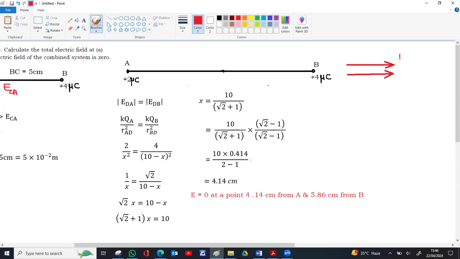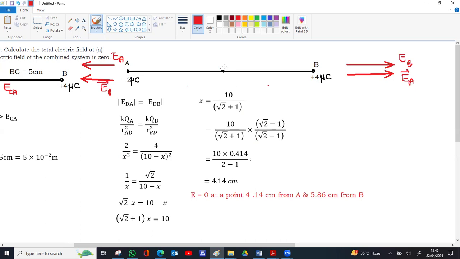But here, the electric field of B and the electric field of A are both in the same direction, so it can't be 0. So when you take a point on the left side, there also both positive charges will repel the test charge towards the left. So since both vectors are in the same direction, the electric field produced by A and that of B, we cannot have 0 here.